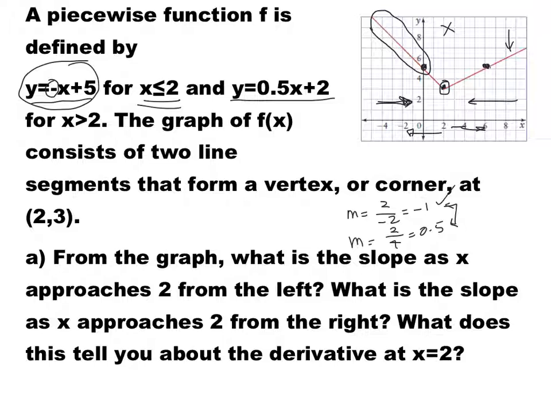If we move from the right toward 2, x is always greater than 2, so we have to use this equation, and the slope of the line here is 0.5, which is exactly what we got here. This is again another example of a continuous function which doesn't have a derivative at a given point, and the point here was x equal to 2.